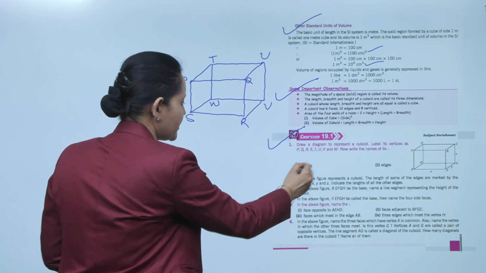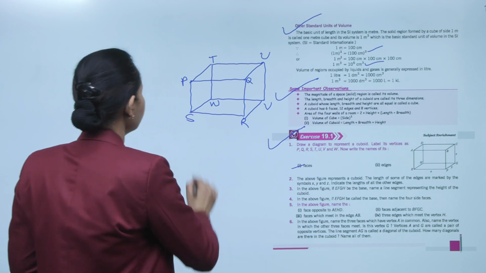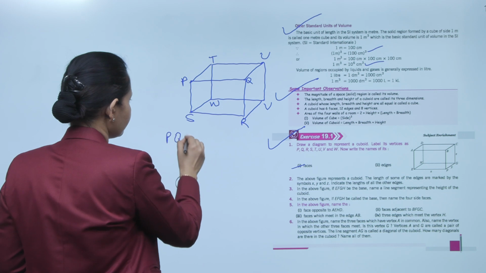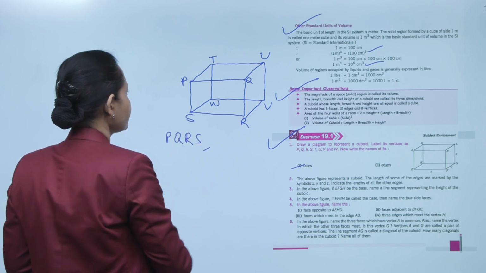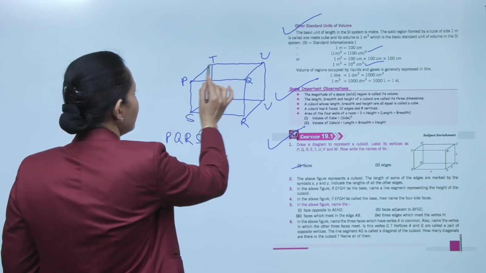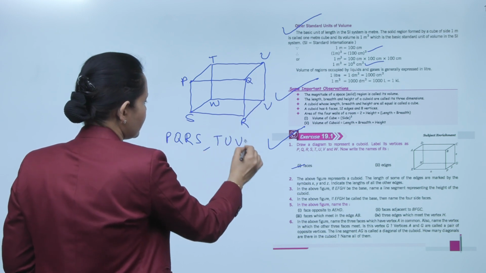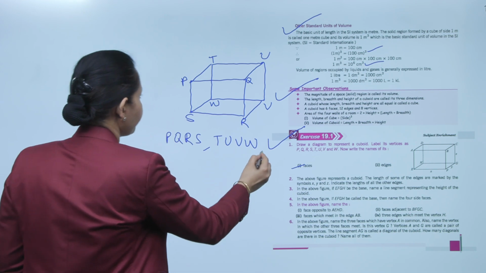Now first is faces. So faces are P, Q, R, S. Another face is T, U, V, W. Total 6 faces will be there.